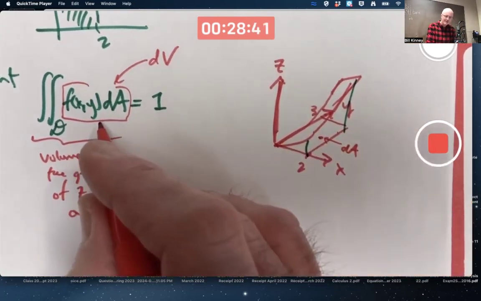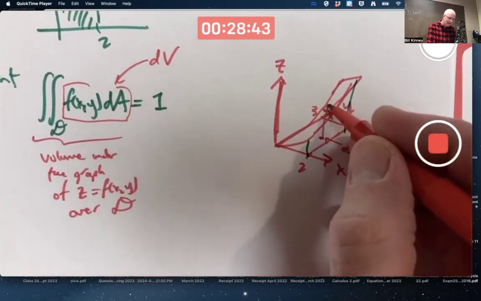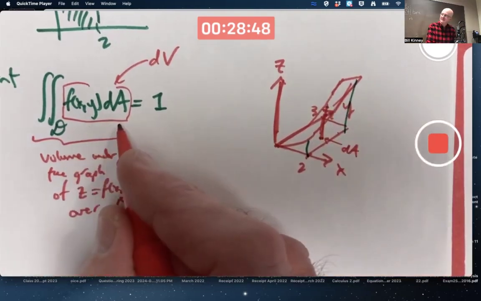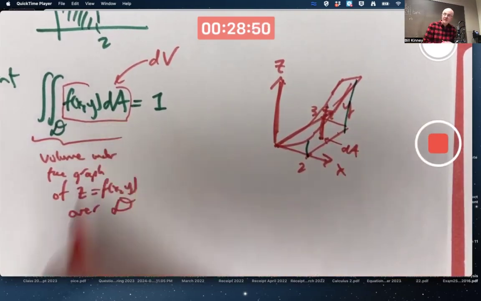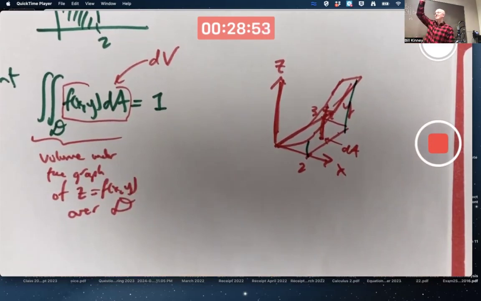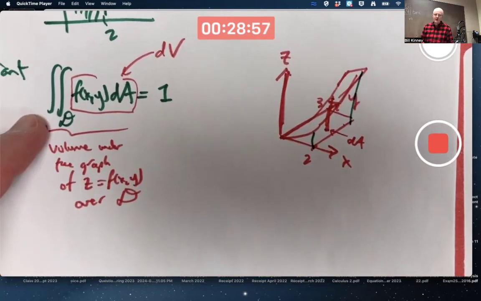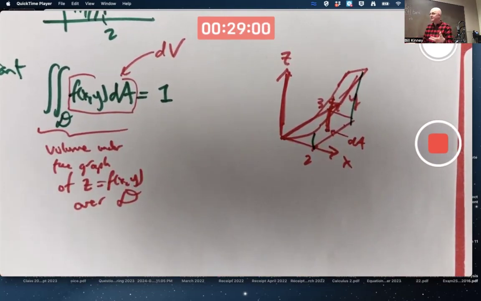Think of f of x, y as being a height, and then the product, so to speak, as being a height times base, a volume of an infinitesimally thin rod under this graph. And when you write the integrals, you're imagining adding up all those volumes to get the total volume under the surface. Is that rigorous? No, it's intuitive. I'm not proving anything. I'm trying to describe intuition, how people think about these things.